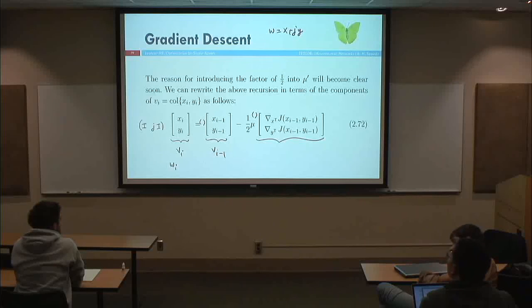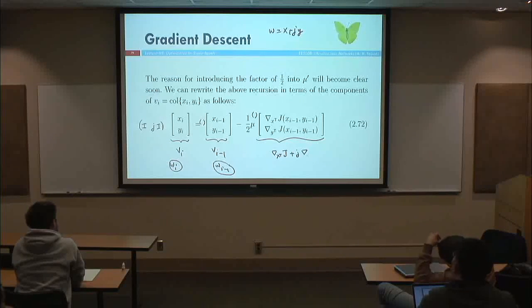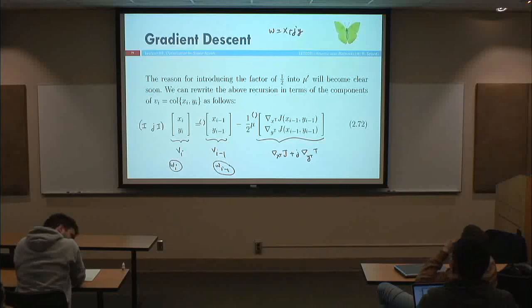Right? Okay. So you get WI here, you get WI minus 1 here. What do you get here? You will get the gradient relative to X transpose of J, plus J, the gradient relative to Y transpose of capital J, times 1/2. That's why I added the 1/2.